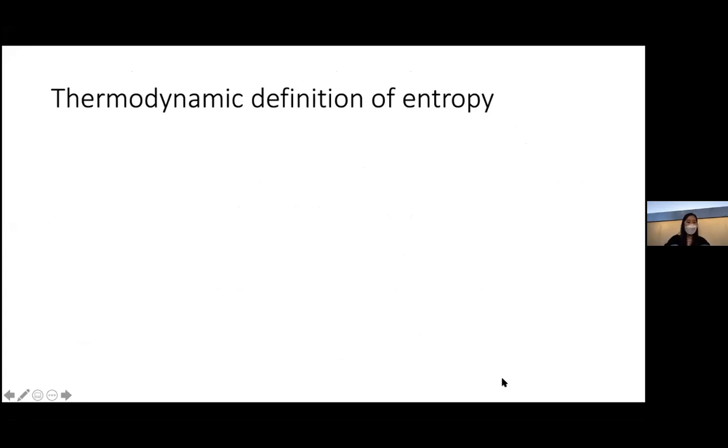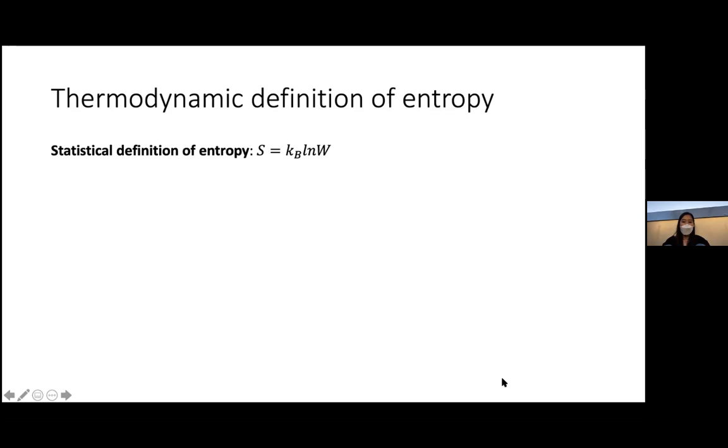Okay, so I'm going to be going over the thermodynamic definition of entropy in a little bit more detail. So first, let's quickly recall the equation for the statistical definition of entropy, and that was S equals KB, or Boltzmann's constant, times the natural log of the multiplicity. So this definition of entropy relates entropy to multiplicity.